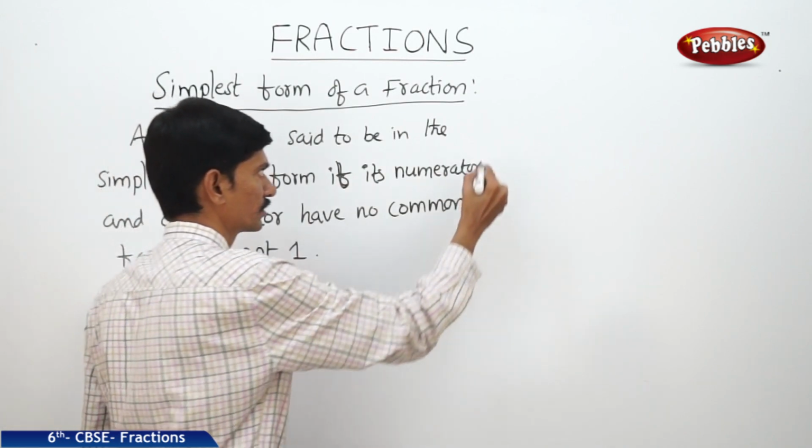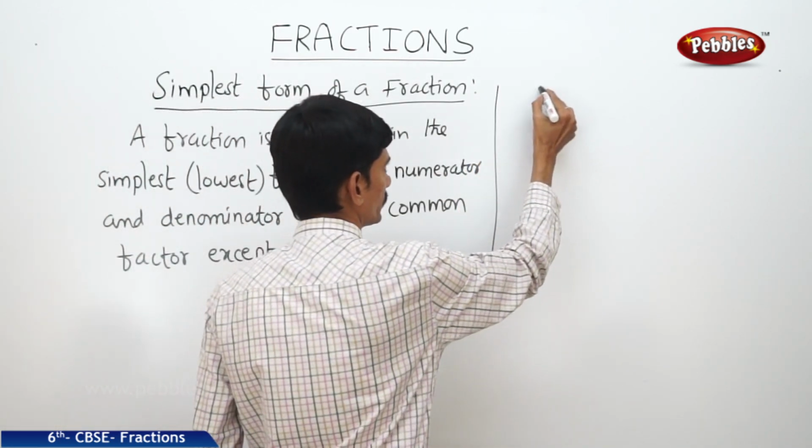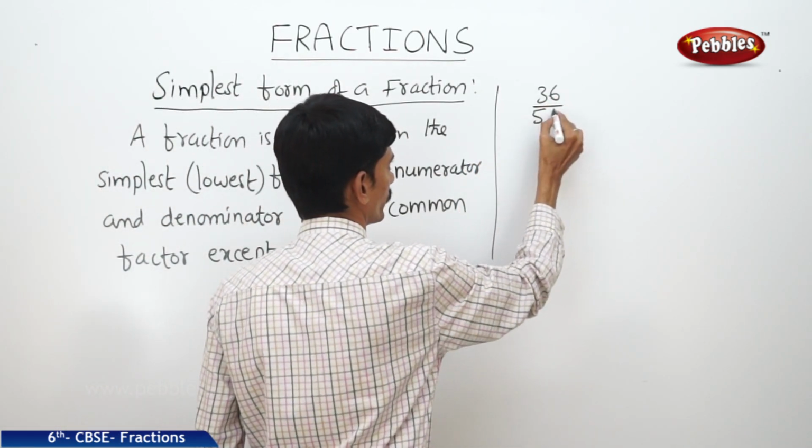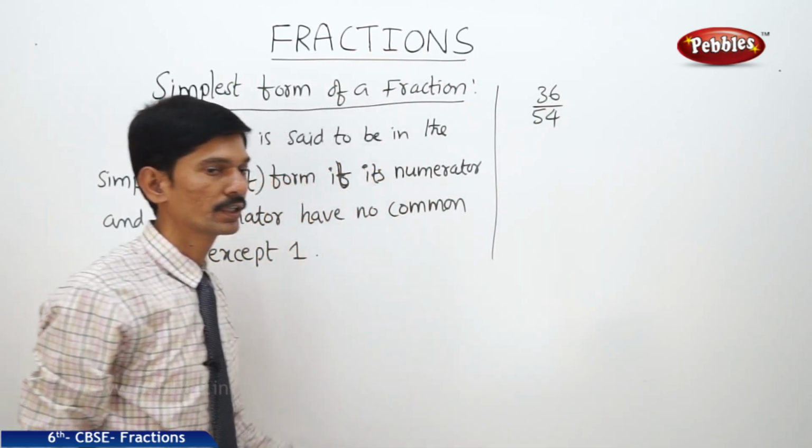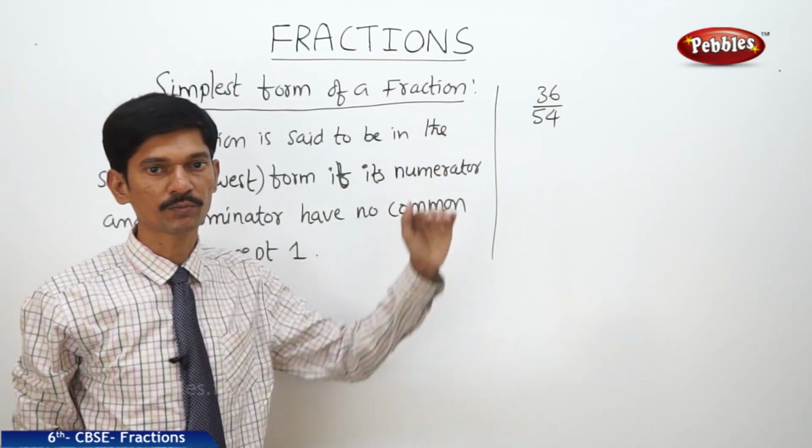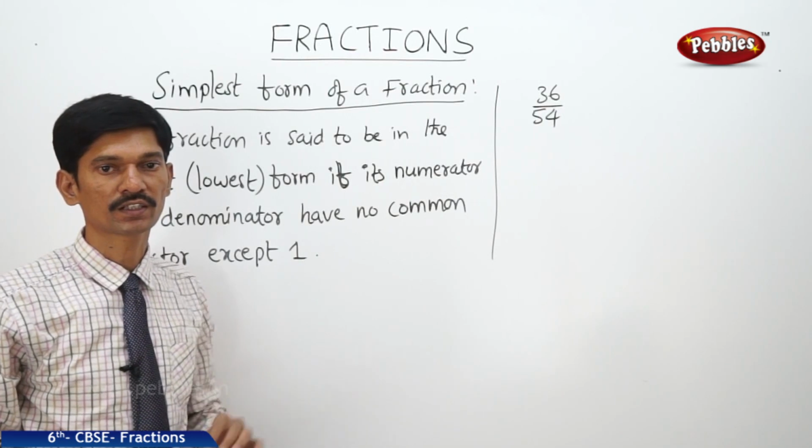Now if you take the example 36 by 54, let us check whether the numerator and denominator have any common factor other than 1.